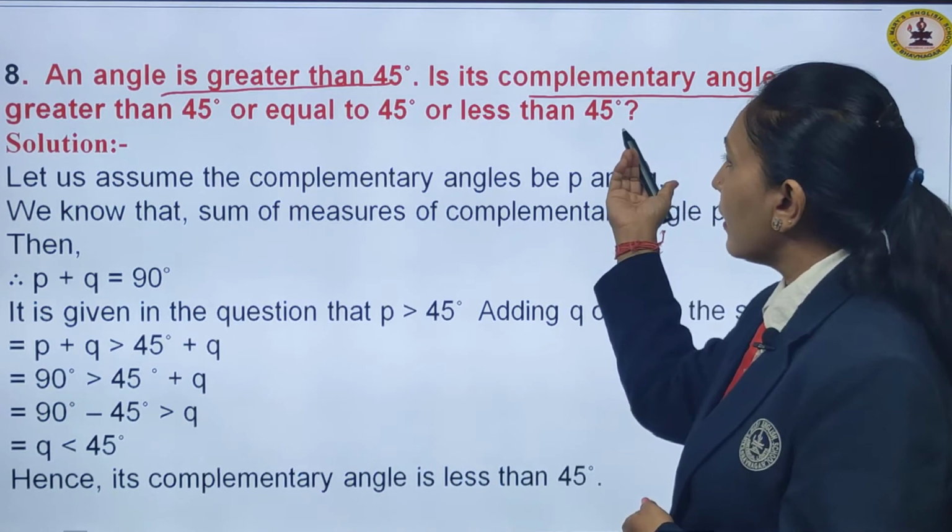Yes, they are adjacent. They share the common vertex O, and they fall on the opposite ray, that is they make a straight line, and the non-common arms are forming opposite rays. That means, yes, angle COE and EOD form a linear pair.